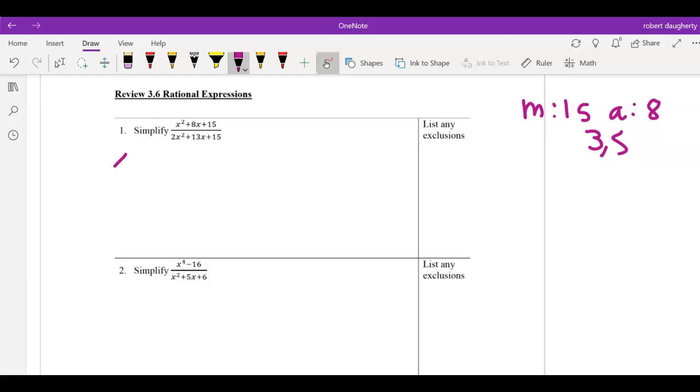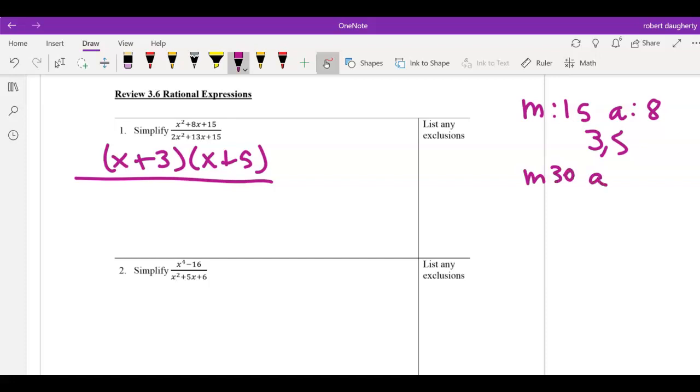So this is going to be x plus 3 times x plus 5, divided by, and then I look and see, are there numbers that multiply to 30 and add to 13? That looks like a 3 and a 10. We'll do that. So I can rewrite that as what?